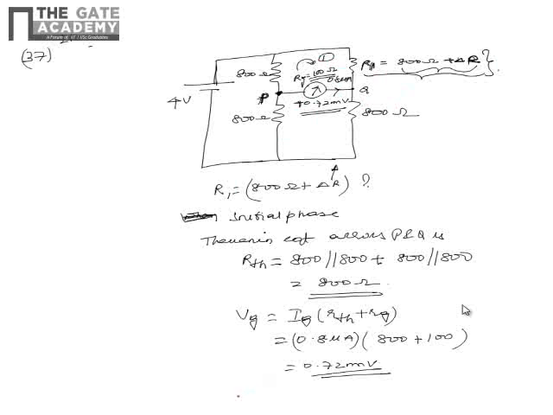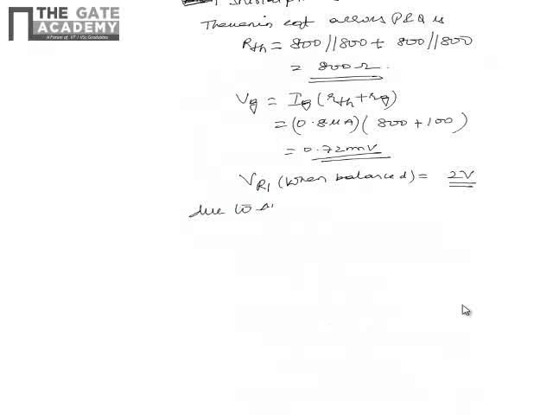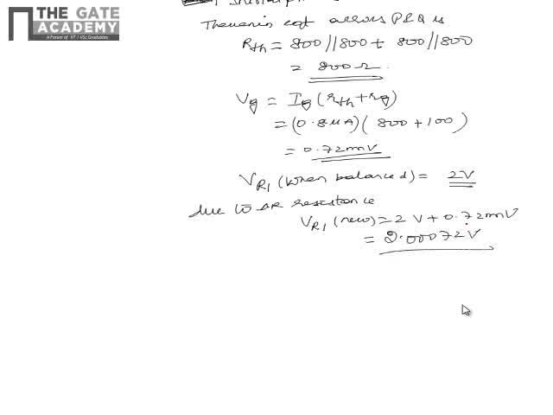When the bridge was balanced, VR1 was 2 volts, because with equal resistances the 4 volts gets divided in half: 2 volts here and 2 volts here. Now, due to delta R, VR1 new is 2 volts plus 0.72 millivolts, which comes to 2.00072 volts.